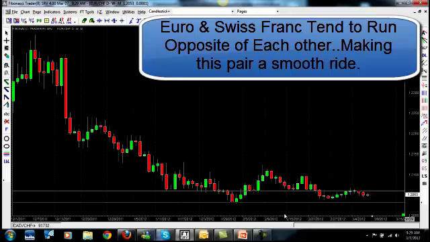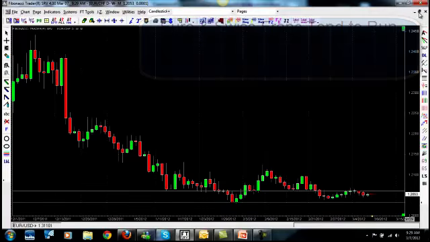Our stop loss is way down in here somewhere, but we are expecting this pair eventually over time to run all the way back up to 12400. So this is going to be a long-term trade. We may be in this trade for 3 or 4 months. Okay, so this is a smaller, what we call a position trade. And so if you're looking for position trading opportunities, or if you're looking to scalp the market 20, 30 pips here and there, this is a very unvolatile currency pair to play with.